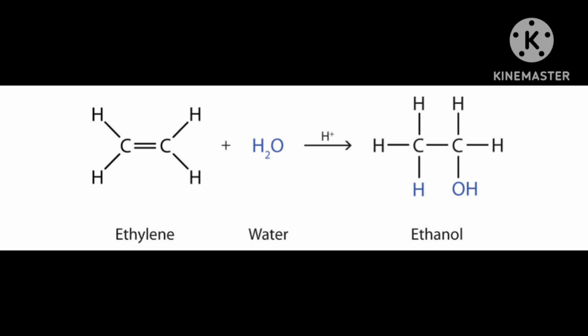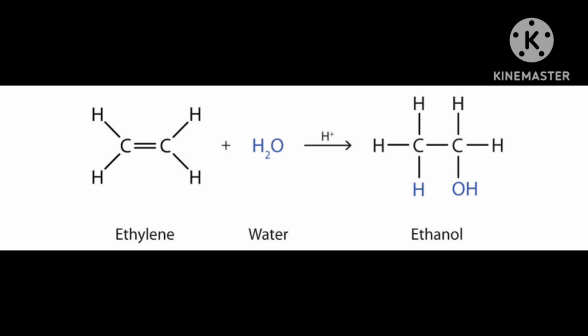By the Markovnikov rule, it should go to the carbon which has less hydrogen, that is, the second carbon. The methyl group is the first carbon, and the double bond is between the second and third. The second carbon has only one hydrogen, the third carbon has two hydrogens, and the first carbon has three hydrogens. Then where will the negative part go? It will go to the second, where hydrogen is less.